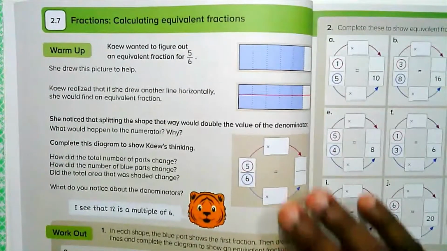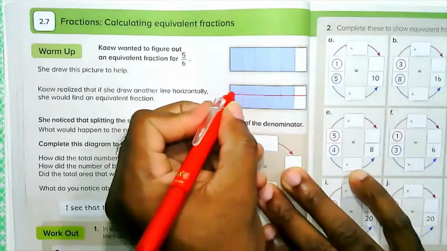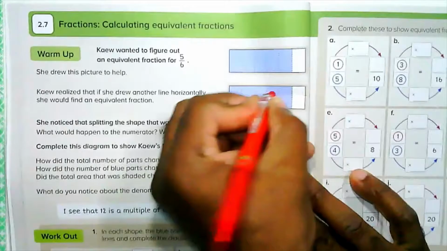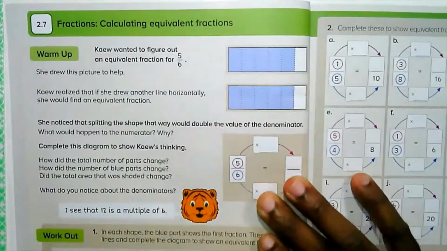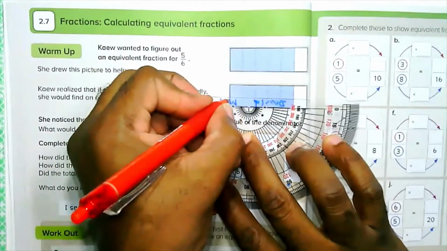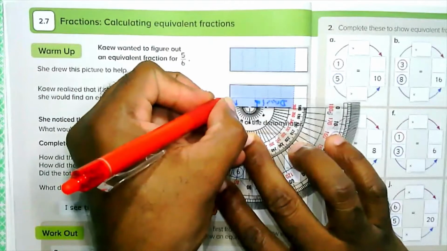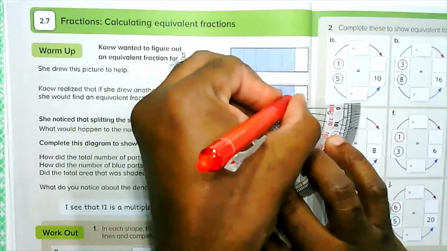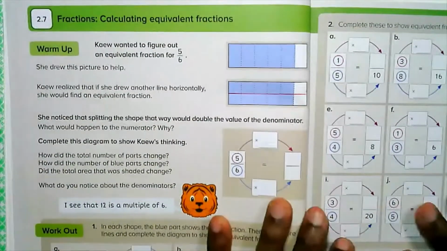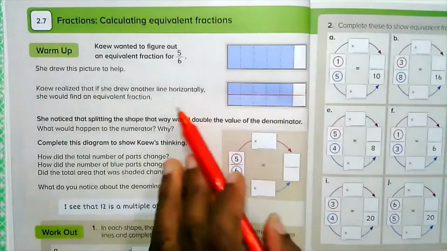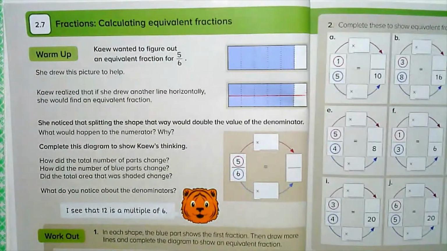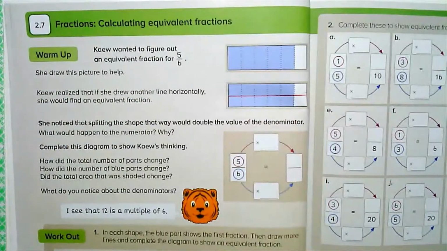When you draw it horizontally, it should make equal parts. So let's see, then this is more equal now. So let's draw a line horizontally. Then we can get the equivalent fraction.